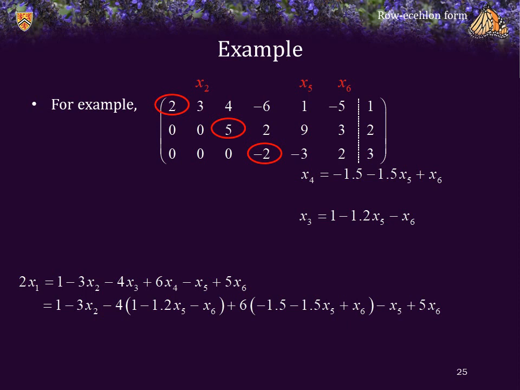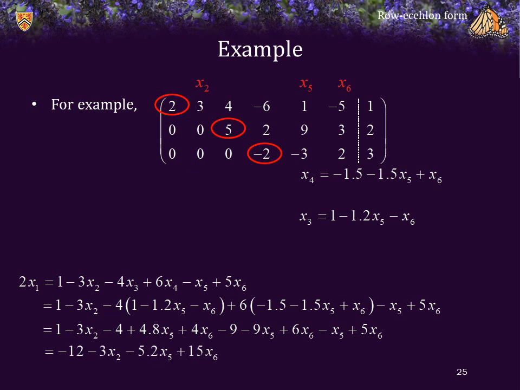Now, with a little bit of work, we can expand those two expressions, and then we can collect all the constant terms, all the multiples of x5, and all the multiples of x6. Oh, and of course the multiple of x2.